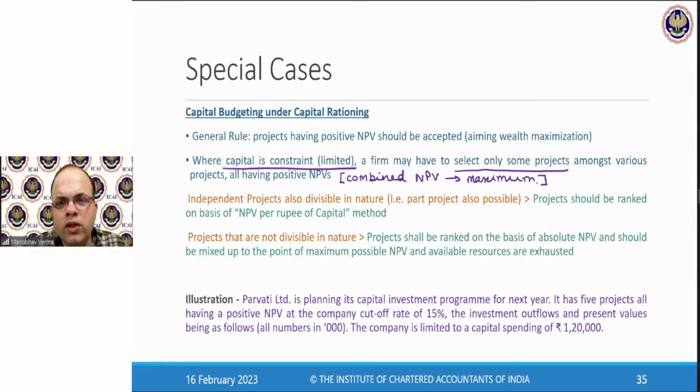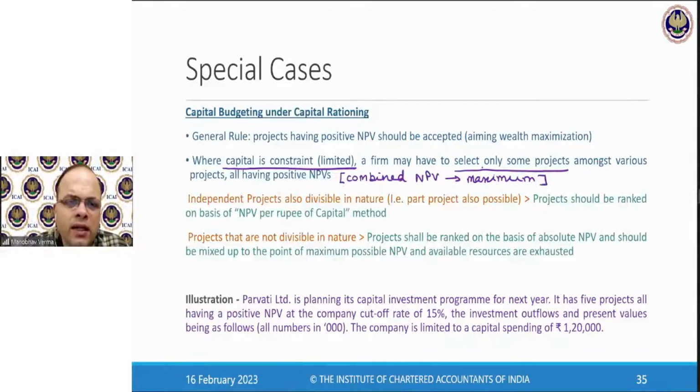It may be a scenario where, if we select the project with the highest NPV, we are not able to select the second rank project. We are selecting first and third, which does not give us a maximum NPV compared with something combined with second, third, and fourth, depending on the combination and the investment required in the funds. So we'll talk about this with the help of an example.